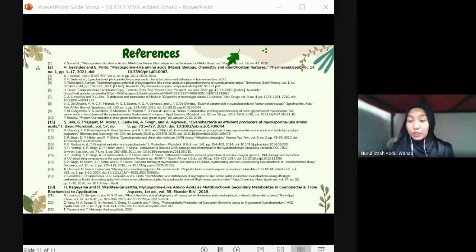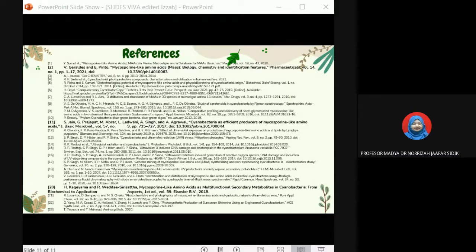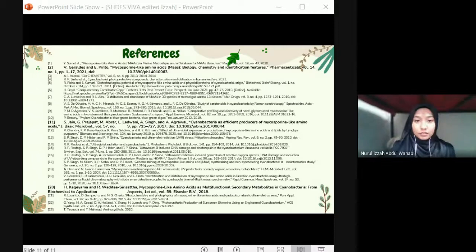The Chinorine MAA, because it has the highest molar extinction coefficient, which is around 44,668 liters per mole.